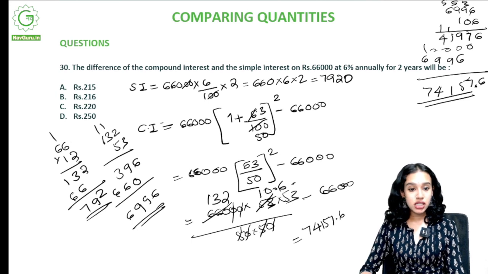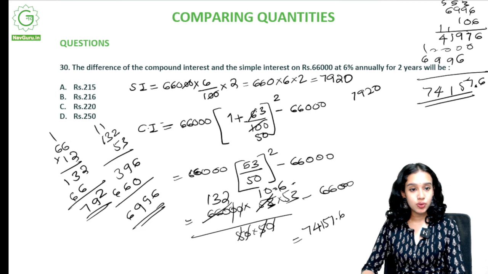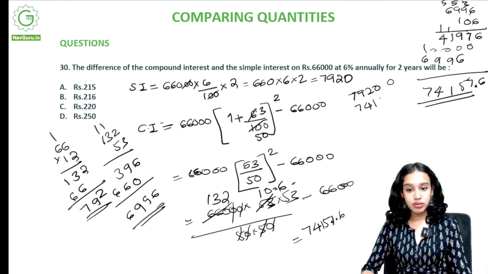So we have simple interest and compound interest. Now let's subtract it. 7920 from 7415.76. So we get 2 zeros here because of 100. Let's ignore the decimal.